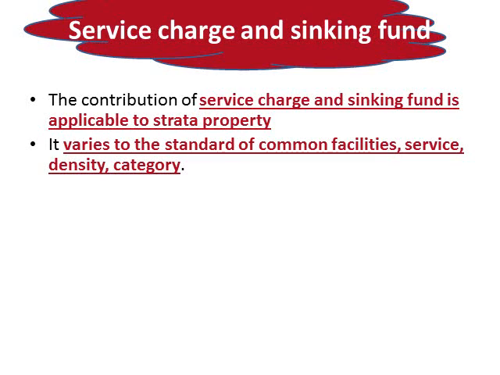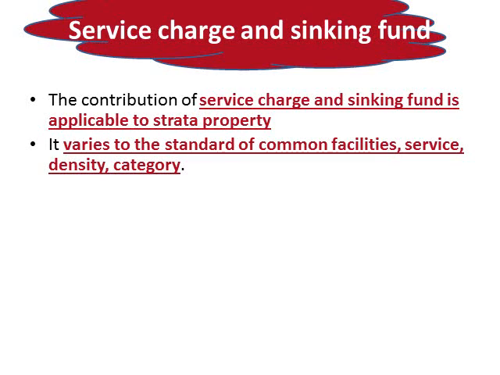So it will vary according to the standard of common facilities, service, density and category. For example, for strata property, we have condominiums, apartments and flats. So the amount of the service charge will be different between these types of property, between the density also, and the number of facilities that they provide.